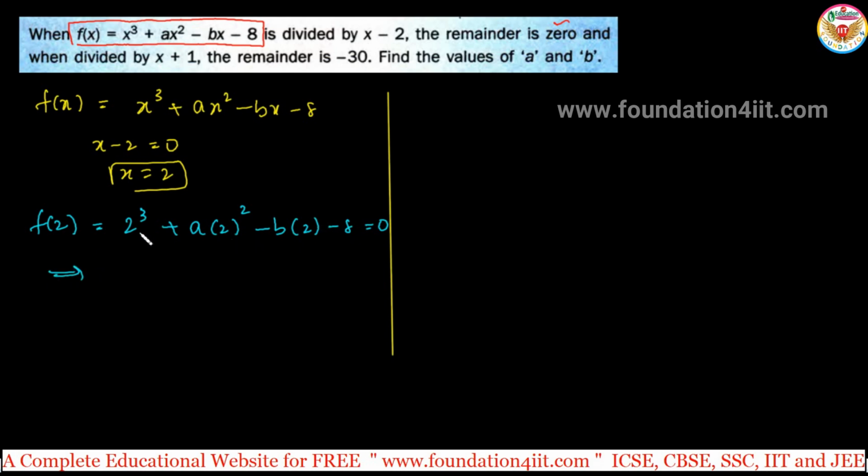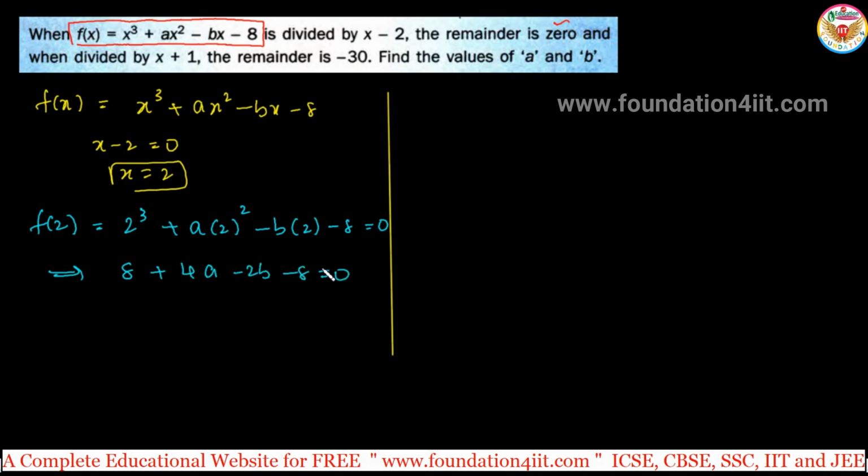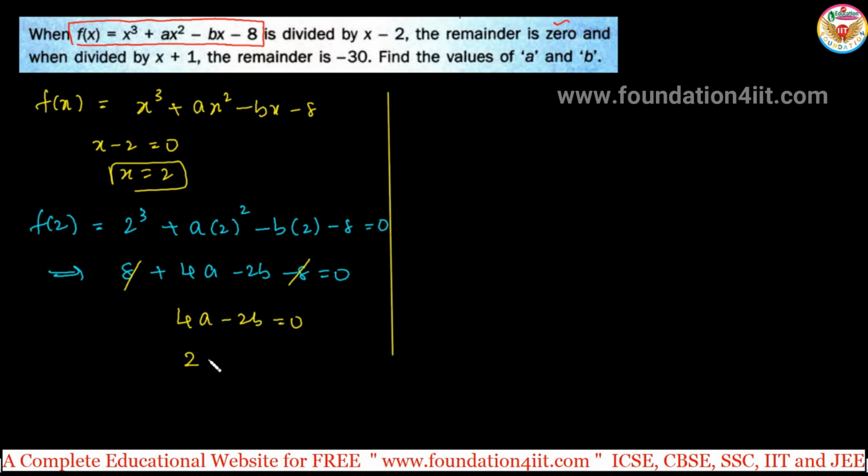Simplify this part: 2 cube is 8, plus 4a minus 2b minus 8 is equal to 0. Plus 8 minus 8 cancel. 4a minus 2b is equal to 0. Take 2 common, then 2a minus b is equal to 0. Let this be equation 1.